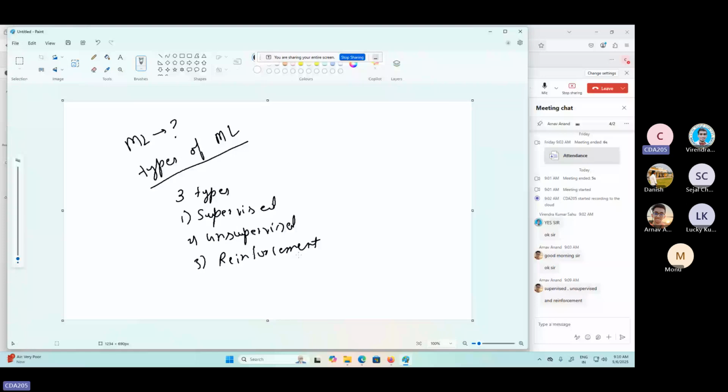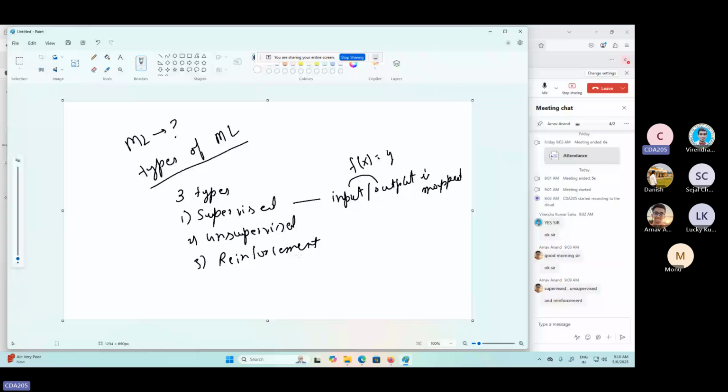Whenever we are talking about supervised learning, what does it mean? Input and output are mapped. We know the output. We just have to find the function for y. That is supervised learning.